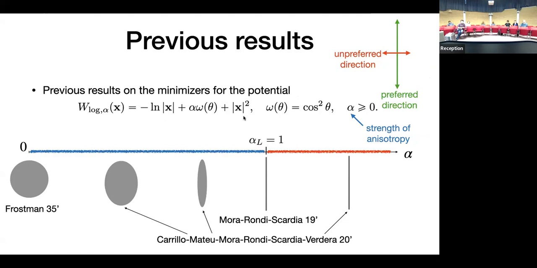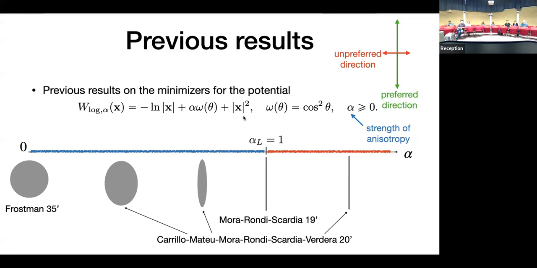About anisotropic cases, the first result was given by Mora, Rondi, and Scardia in 2019, which deals with the case alpha equals 1, just one particular case. In this case, they showed that the unique energy minimizer is given by a one-dimensional vertical distribution. You see that the vertical direction is indeed preferred.